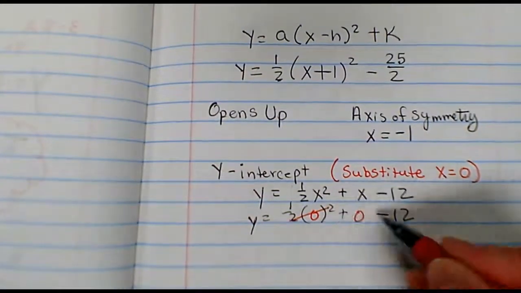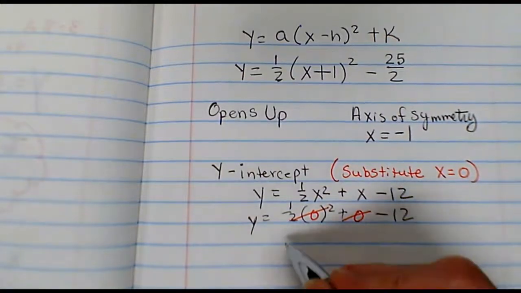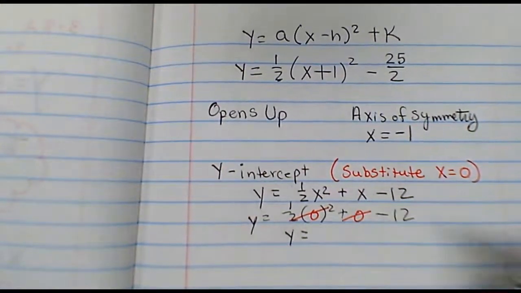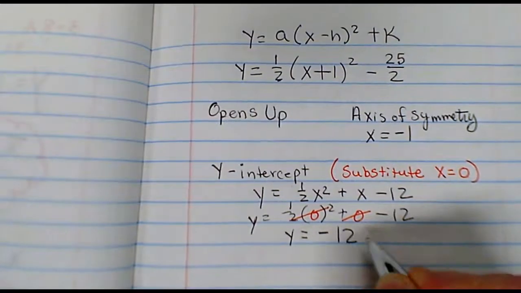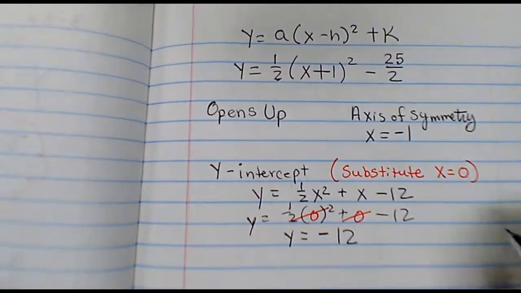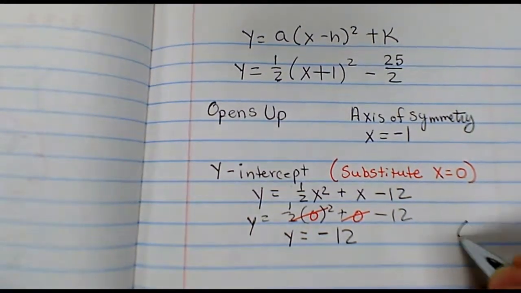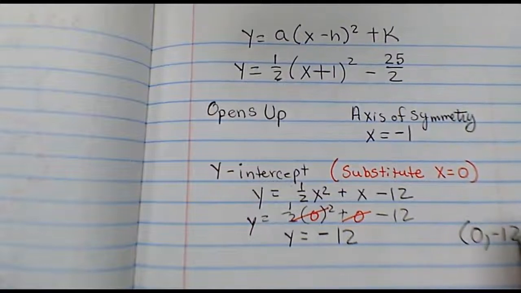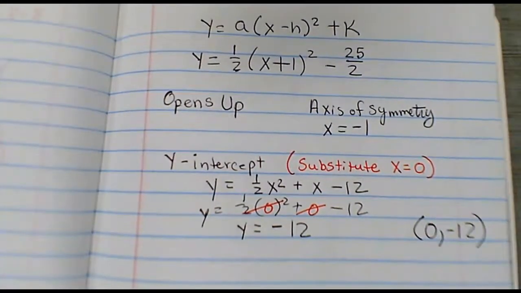And this zeroes out and this zeroes out. And so what is the y-intercept? And we write it in point form.